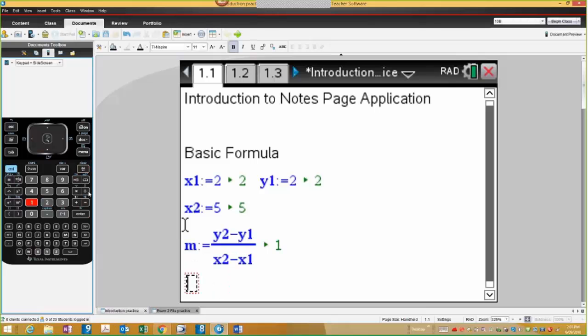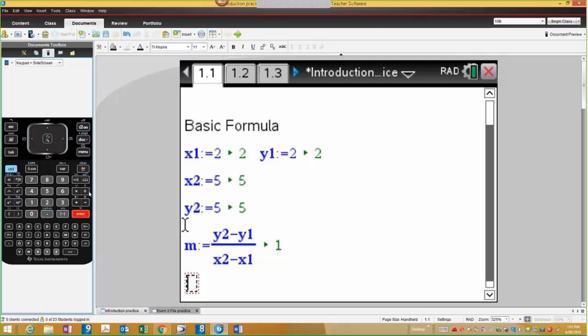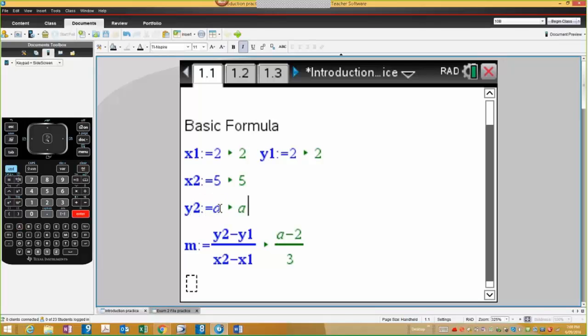If I now press Enter, it does the calculation for us. Now the beauty about a notes page, which is a little different to a calculator page, is that effectively this is live. So if I make a change here and give that the variable a, for instance, I've now got the gradient in terms of a. I can make any changes I like, and when I press Enter, I get the result automatically updated.